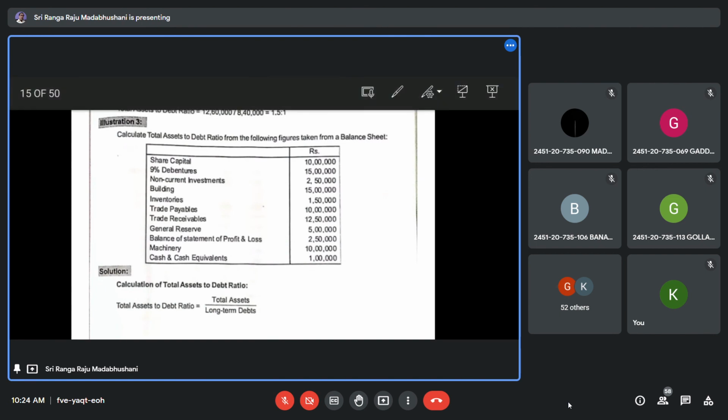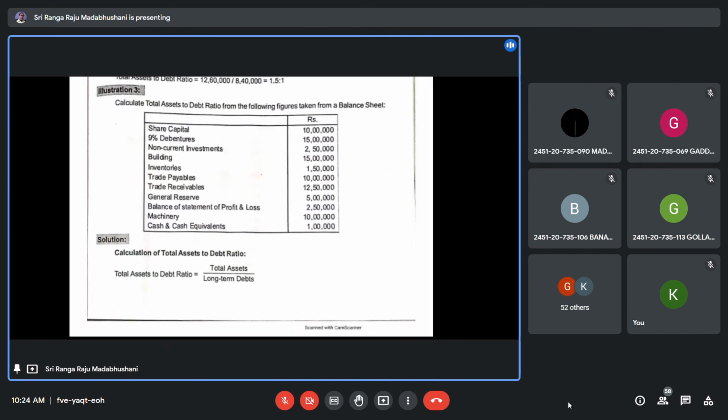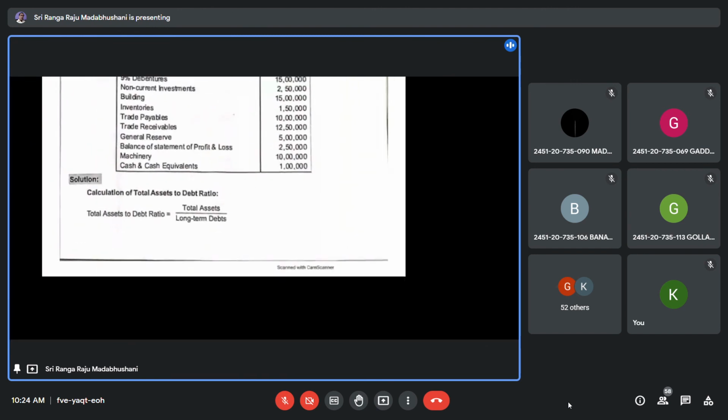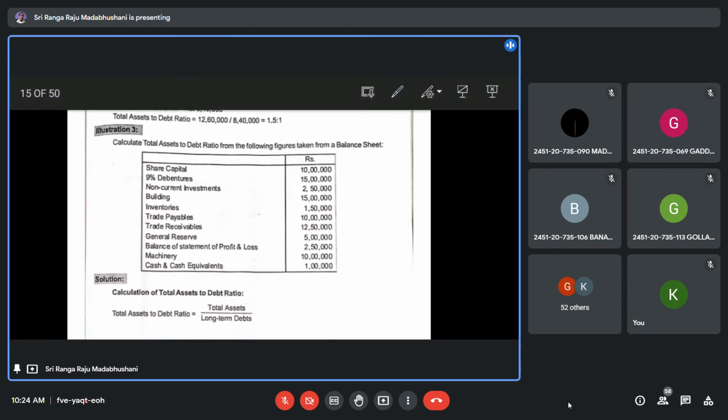Similarly, another example. By this, the total assets to debt ratio is over. We have seen debt to equity ratio and total assets to long-term debt ratio. So in this, share capital and 9% debentures are long-term debt. Non-current investment is an asset.